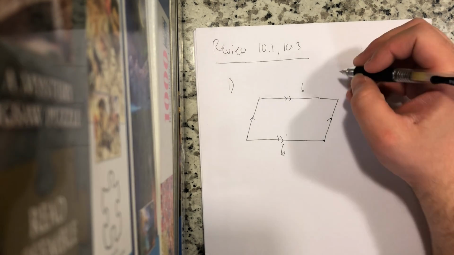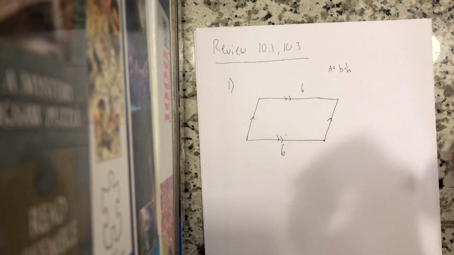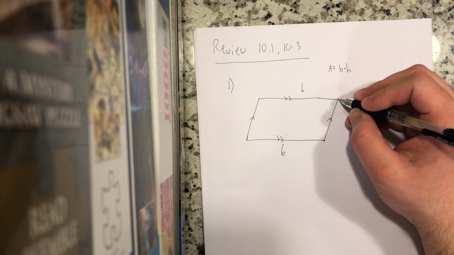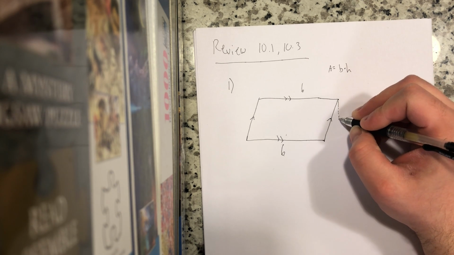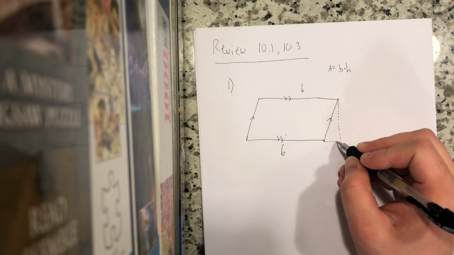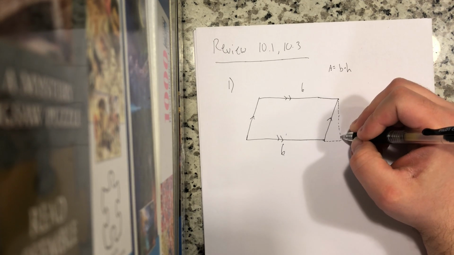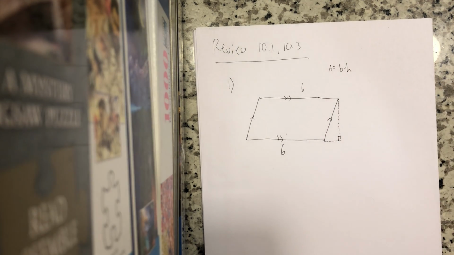And remember, the area formula for a parallelogram is the base times the height. The way I like to look at it is if you take this out here and make a dotted line outside of the parallelogram, you can make this little triangle shape here. And this is perpendicular now.